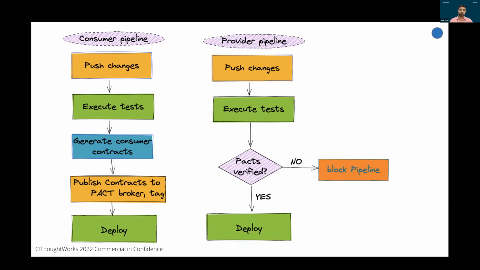In this way, you make sure that the provider does not mistakenly or unintentionally push code which hampers the consumer code. So this is how we make sure that microservices, even if they are working in silos or using mocks, adhere to the said contracts and the expectations between the consumer and the provider.